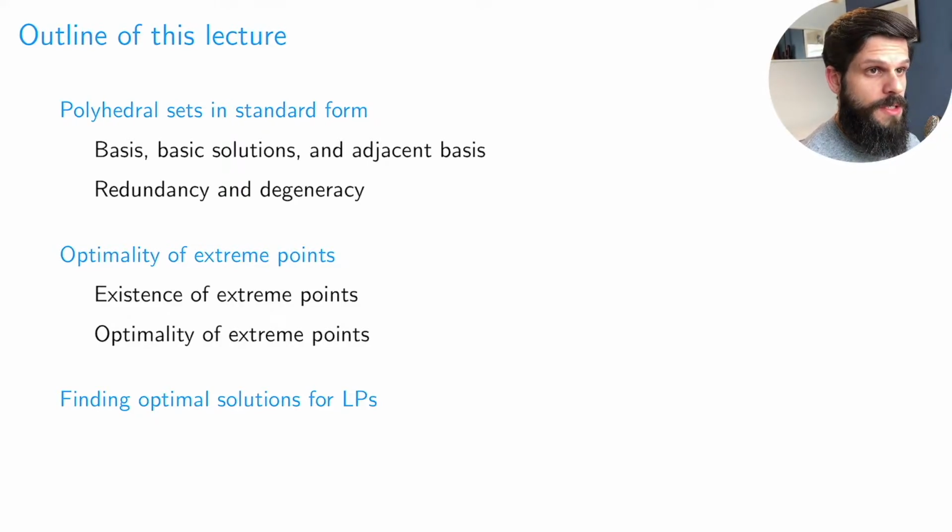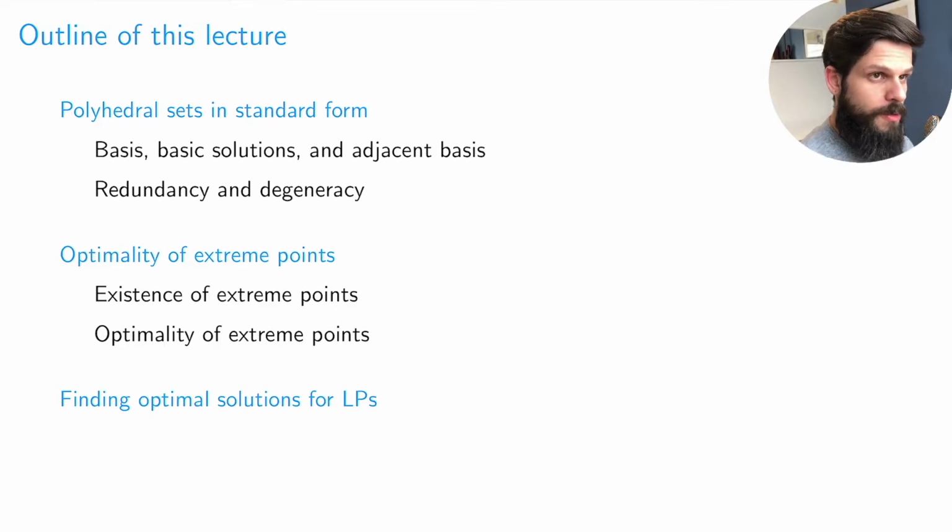Then we're going to start developing the algebraic conditions we can check that allow us to figure out whether a solution is optimal or not, because that is basically the underlying mechanism of the algorithm we're going to develop next week, which is the simplex method.